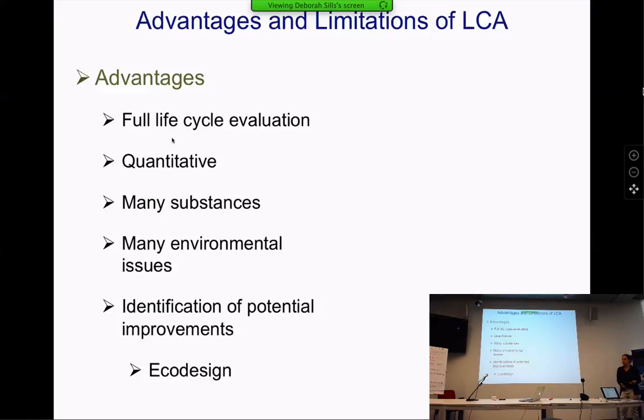So the advantages: the full life cycle evaluation, it's quantitative. Although I say that with a caveat, it's quantitative for comparing or for finding out what part of your process is harmful. But I wouldn't say it's quantitative in an absolute sense. For example, for human health impacts, the unit used is DALYs, disability adjusted life years.